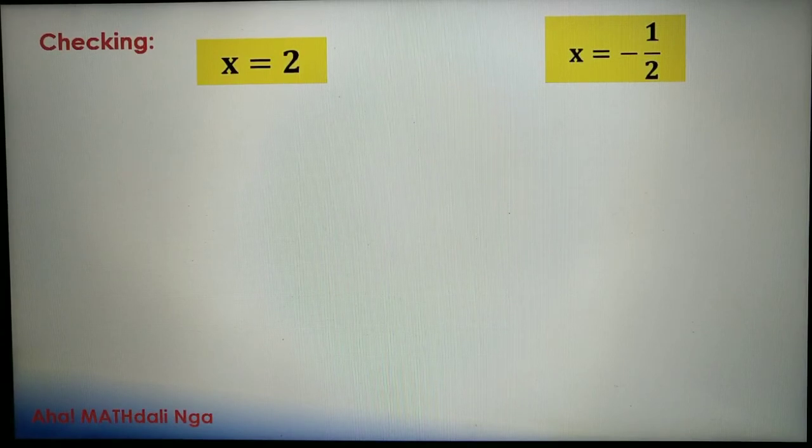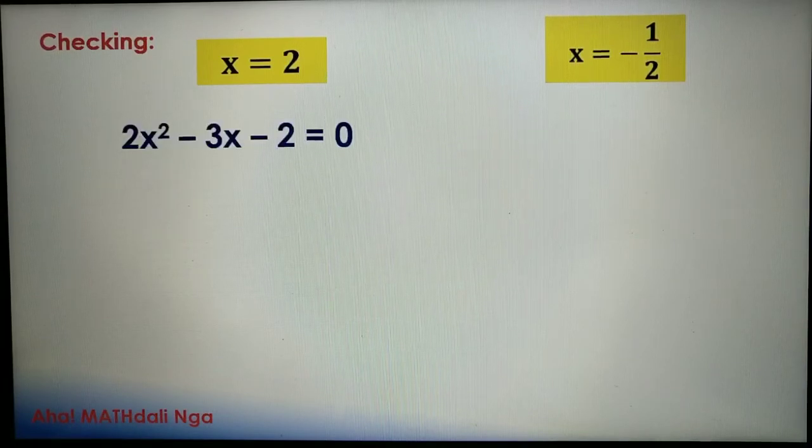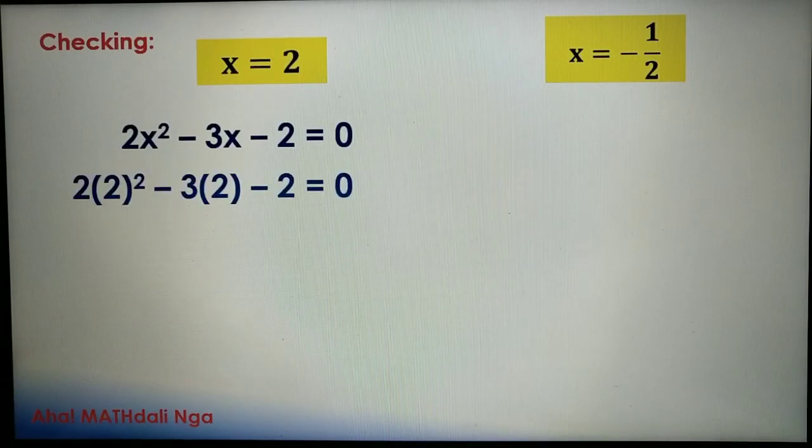Let's try first positive 2 and substitute it to the given quadratic equation. 2x squared minus 3x minus 2 equals 0. By substitution, we have 2 times our x, 2 squared, minus 3 times 2 minus 2 equals 0.